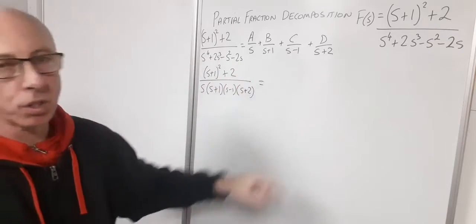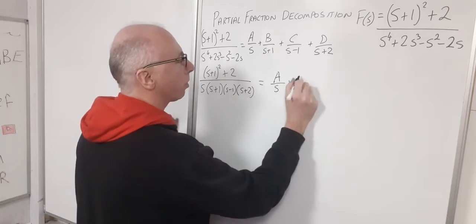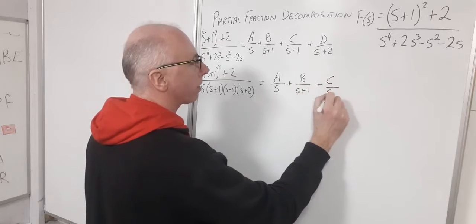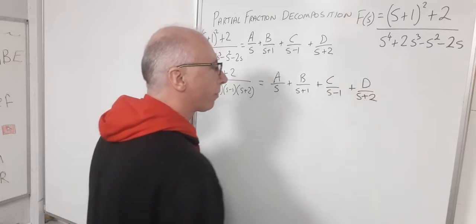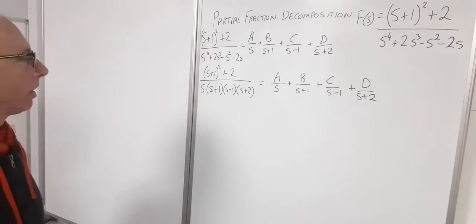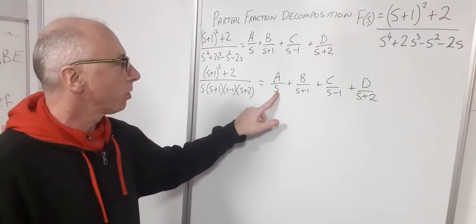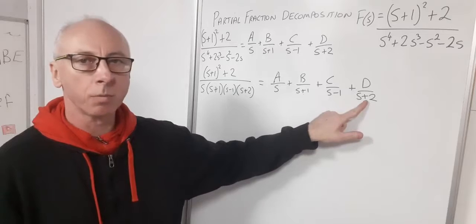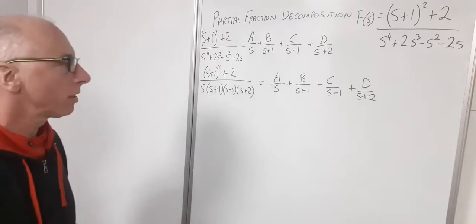And then our partial fraction decomposition values: A over s plus B over s plus 1 plus C over s minus 1 plus D over s plus 2. So now we're ready to do the Heaviside cover-up method. So we've got s equals 0, s equals minus 1, s equals plus 1, and s equals minus 2, all different values to make each one of these disappear.